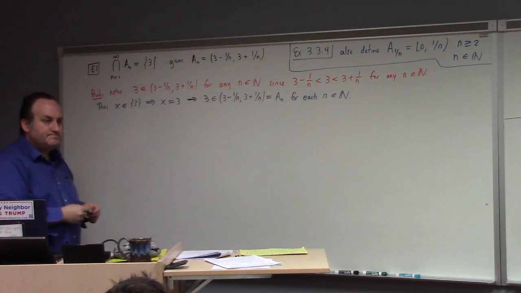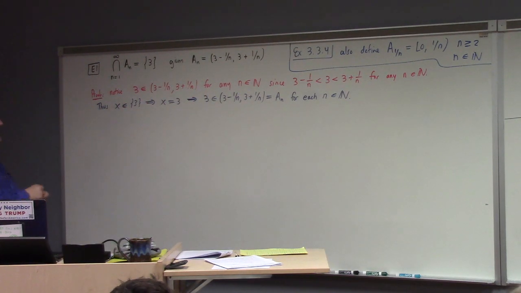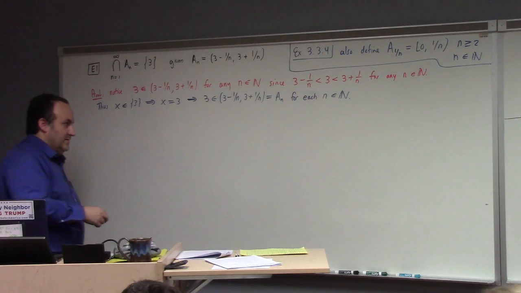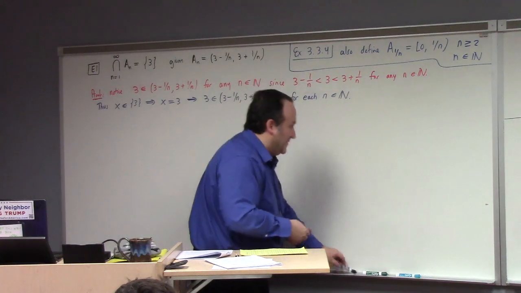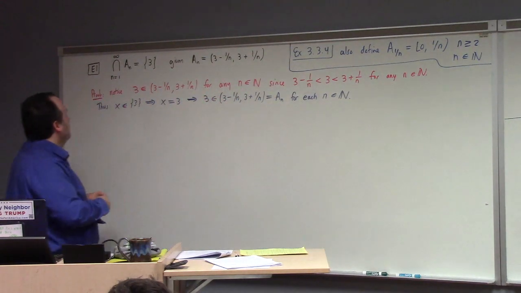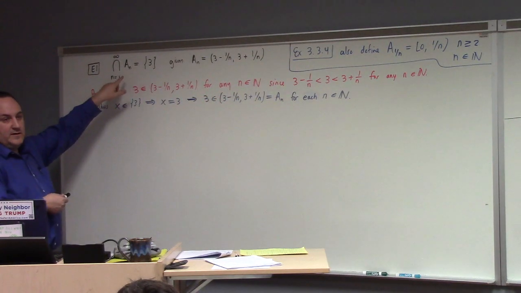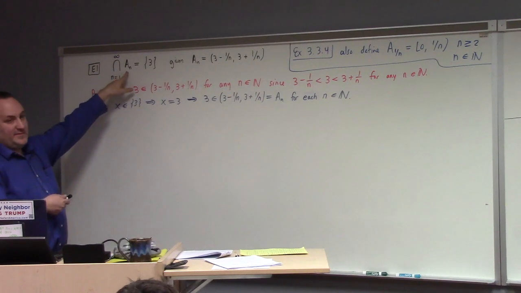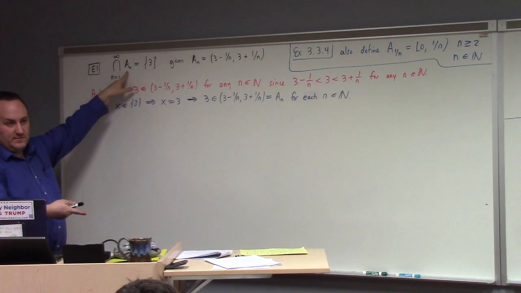But what does this prove? If 3 is an element of a sub n for each n in the natural numbers, well, 3 is a natural number, that's true, but not the point. What does that say about this here? We just proved that 3 is an element of a sub n for every possible n.